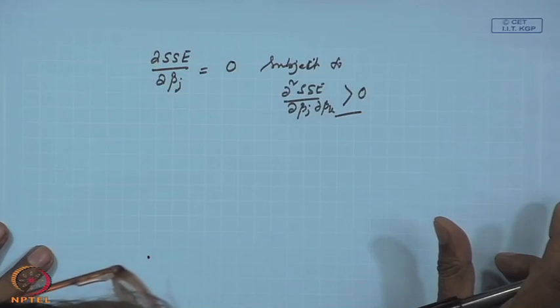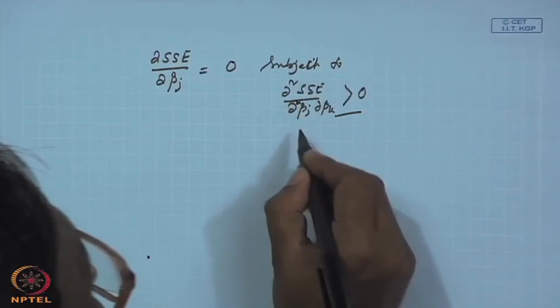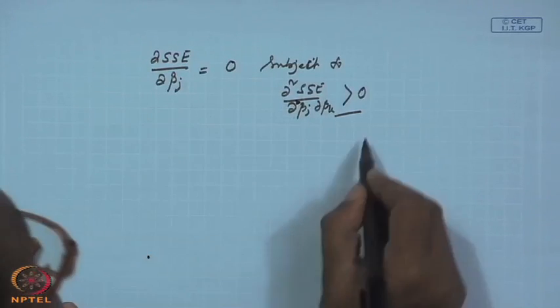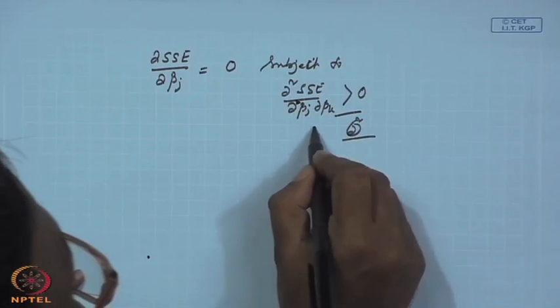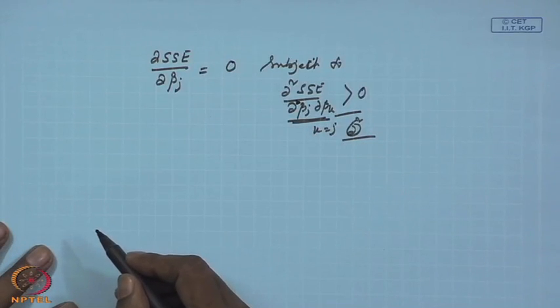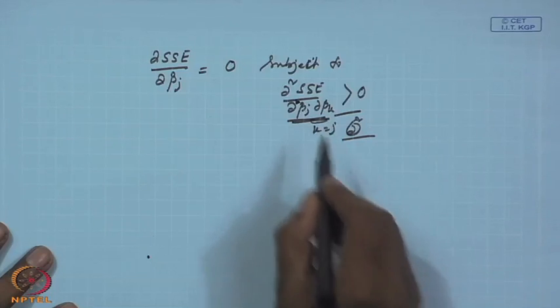Sir, should it be del square SSE divided by del beta j del beta k, or only d square? You are talking about when there is only one variable; now if k equal to j, it will take care of that issue. It is the general form we have written.